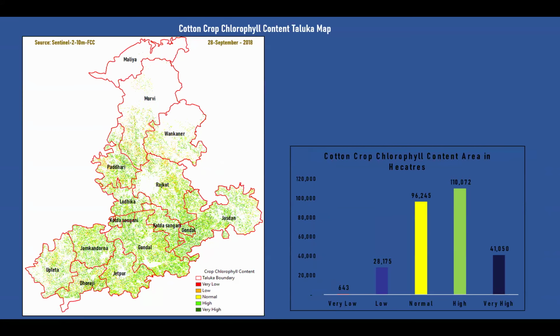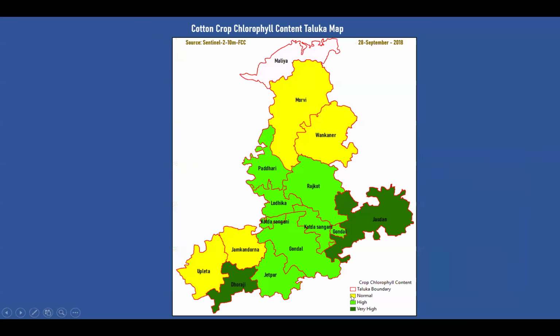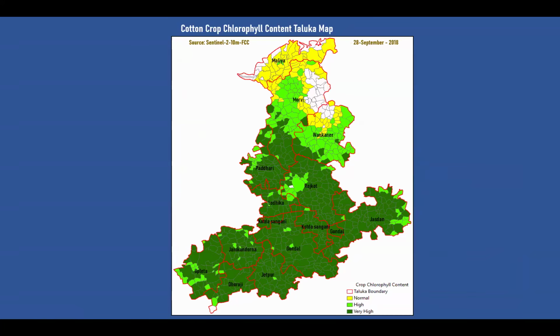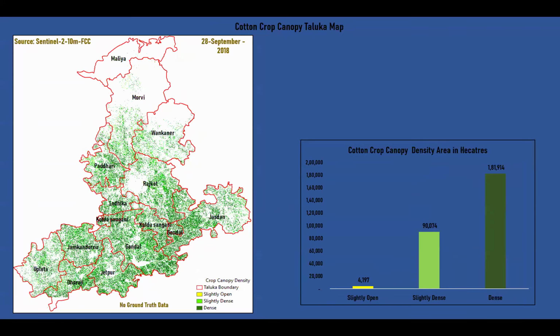Similarly, the chlorophyll content shows where the farmer has given the proper fertilizers and is following the proper package of practice. So normal, high and very high we need not worry. We can worry only about the very low and low. So where are they? Again, we can find it out like this. So we can identify the focused villages where there is a problem and then go and give the advisories there.